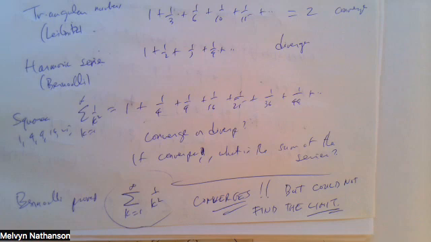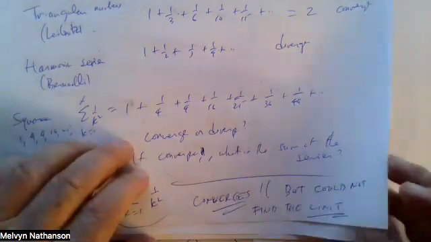But Bernoulli couldn't do that. So he could prove the convergence without being able to figure out what the limit was. And he did this by what today is called a comparison theorem.